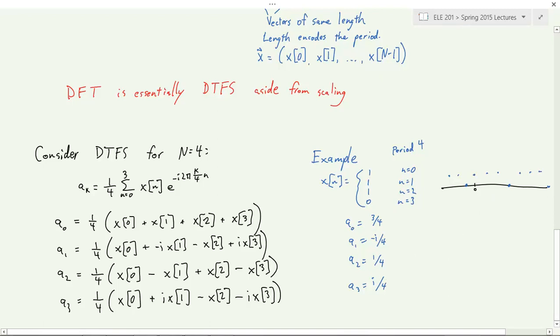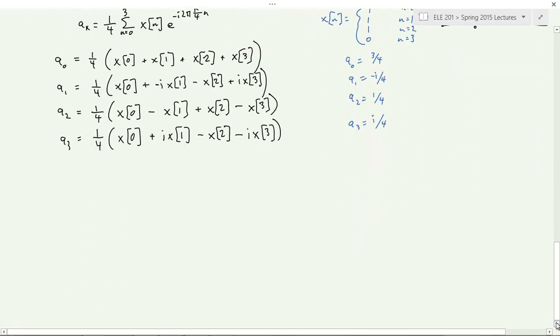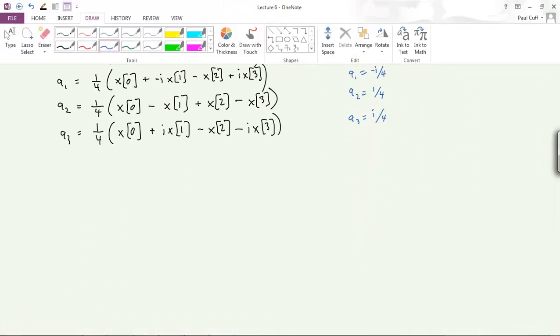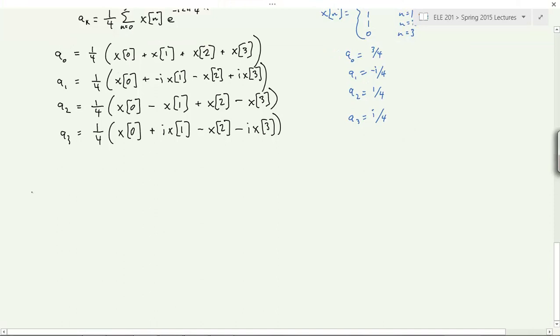Okay. Now, the point about this exercise actually is to show that we can express the above in matrix form.